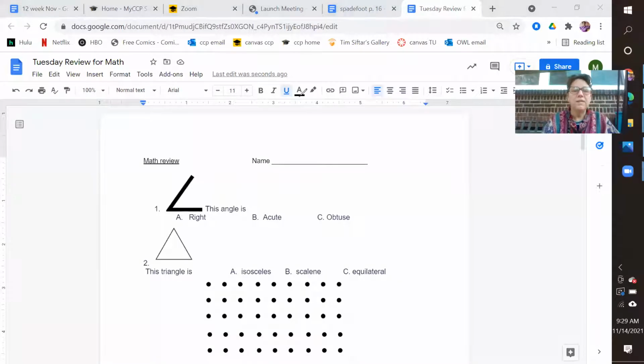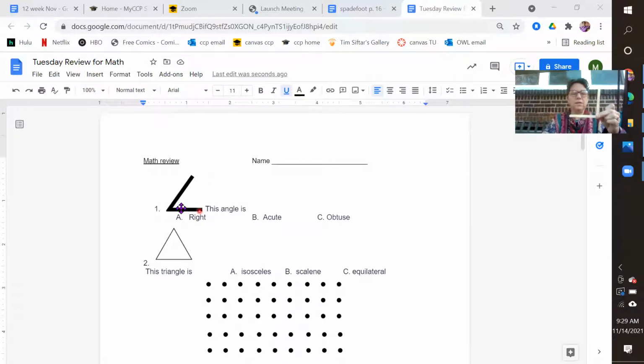And so a right angle is, remember from your popsicle sticks, a corner. It's a regular corner. It's the same as a piece of paper. It's the same as your desk. Anything that is a corner is a right angle.